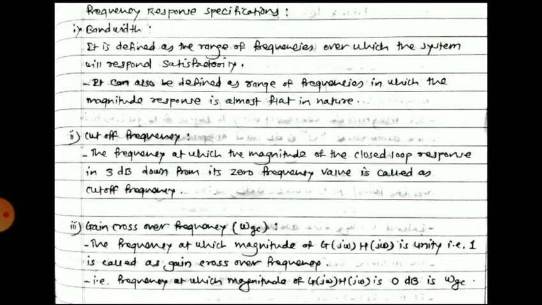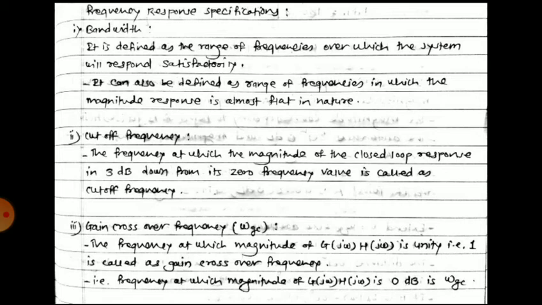The frequency at which the magnitude of G(j omega)H(j omega) is unity, that is 1, or 0 dB, is called the gain crossover frequency.